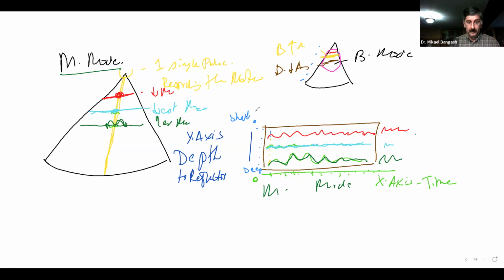So that's how we can say that the y-axis is still going to be the depth. Depth of what? Depth of your reflectors. This is going to be the shallower reflector. This will be deeper. This will be the deepest.